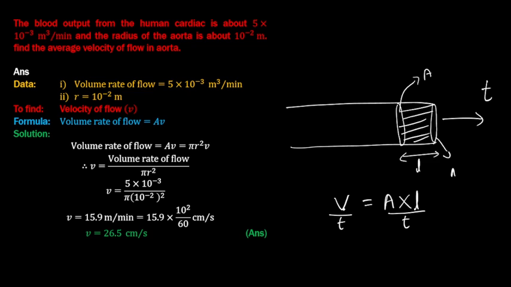On the left hand side, we get the volume flown in time T. This is the volume rate of flow.